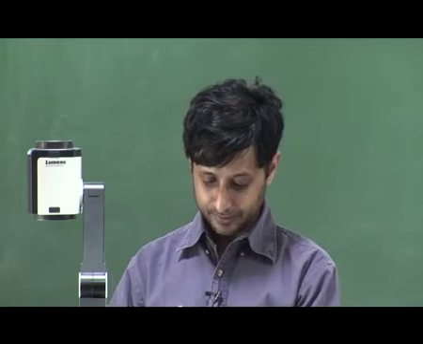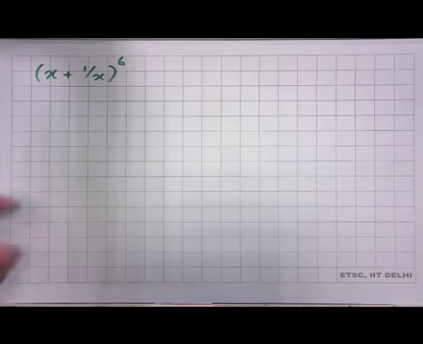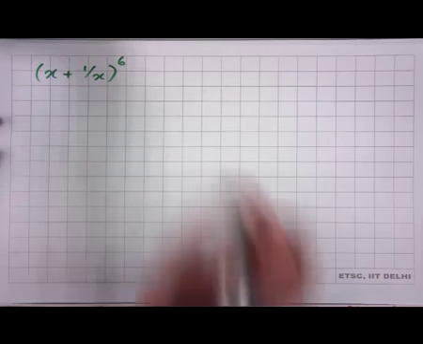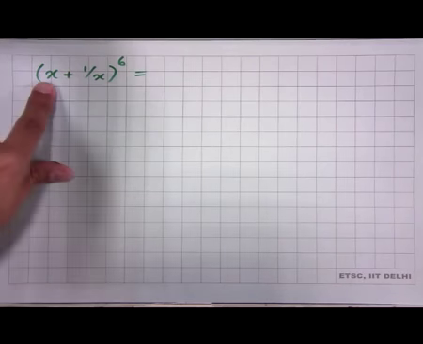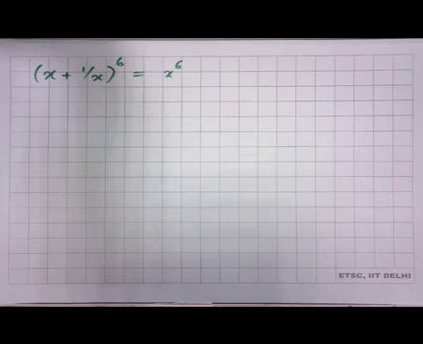Let us try a couple more. How will you do this? x plus 1 by x whole power 6. So, in the first chance you pick x 6 times, you get x power 6, you never pick 1 by x, okay.